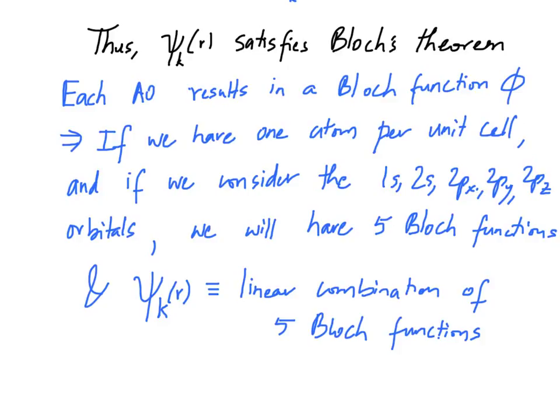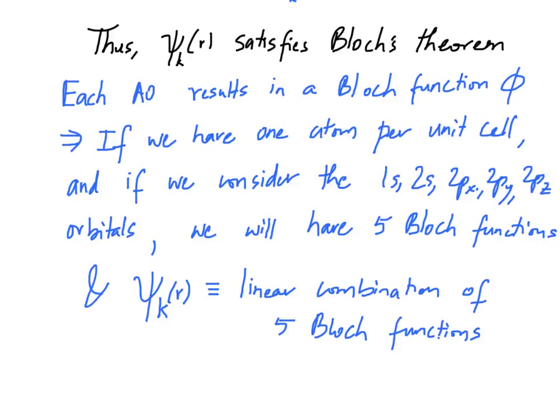So each atomic orbital results in a Bloch function. If we have one atom per unit cell, and if we consider a bunch of atomic orbitals per atom, we will have as many Bloch functions as the number of atomic orbitals considered. And in the end, our wave function psi k of r of our electron in this periodic solid is going to be a linear combination of those Bloch functions.